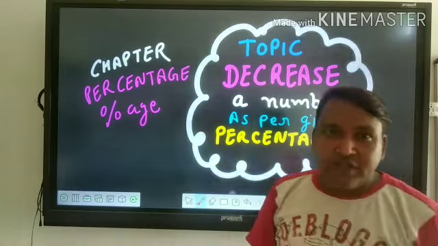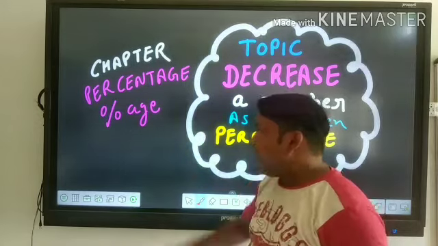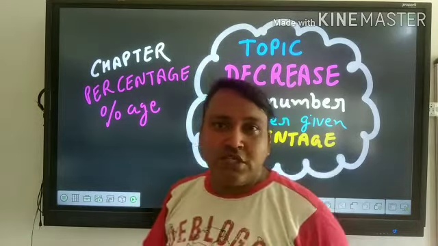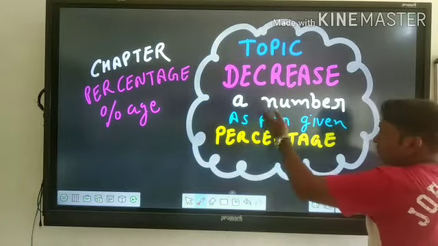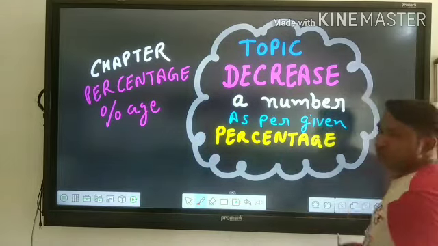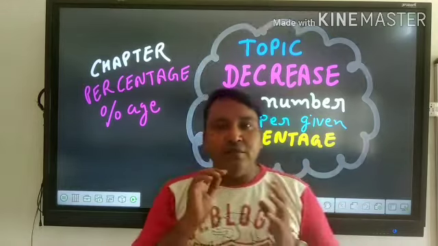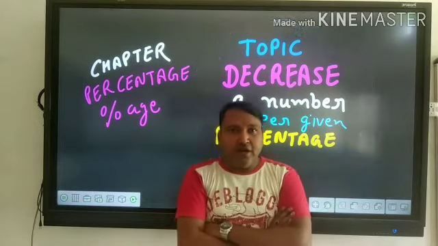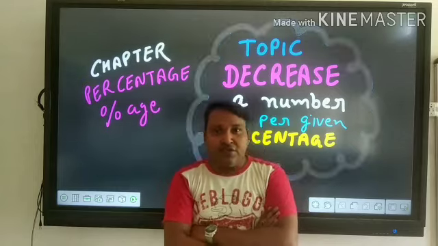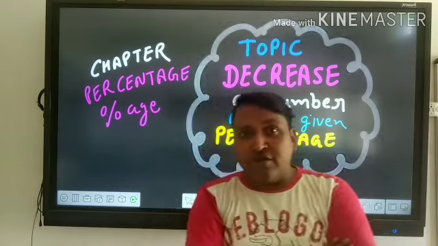So student, in this video, our chapter going on is percentage, and the important topic of this chapter is to decrease a number as per given percentage. It means that if a number is given to you and you are told that you have to decrease it, it doesn't mean that you have to subtract.